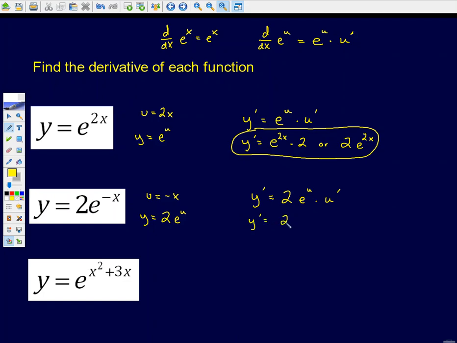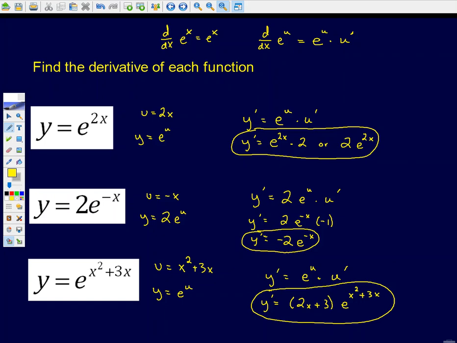This is going to be 2e to the minus x, and this time u prime is the derivative of minus 1x, which is going to be minus 1. So my final answer, I would probably combine 2 times negative 1, make this negative 2e to the minus x. Final answer. I encourage you to pause the video here while I work out the last one. Maybe try it yourself as well.